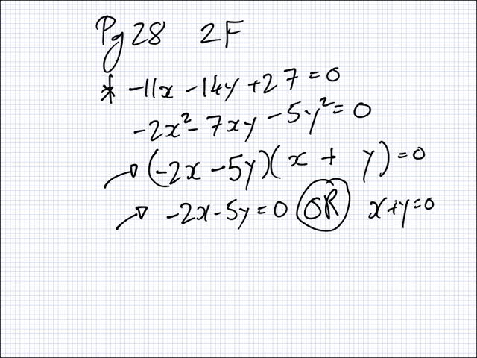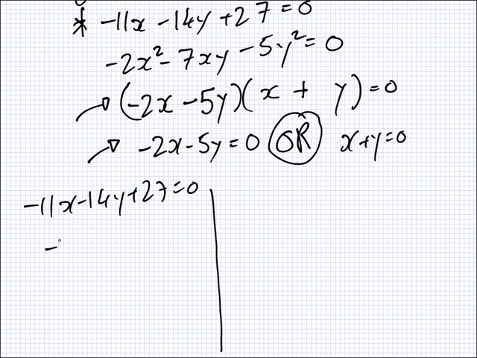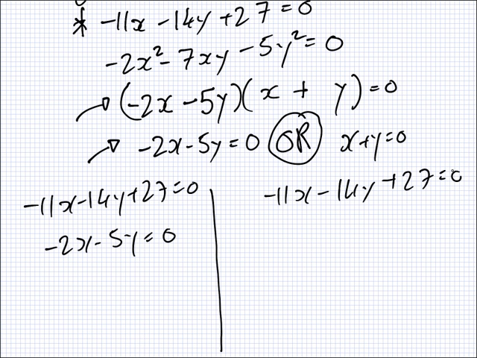So what you can do is change the problem now into this. Minus 11x minus 14y plus 27 equals 0 and minus 2x minus 5y equals 0, or minus 11x minus 14y plus 27 equals 0 and x plus y equals 0.